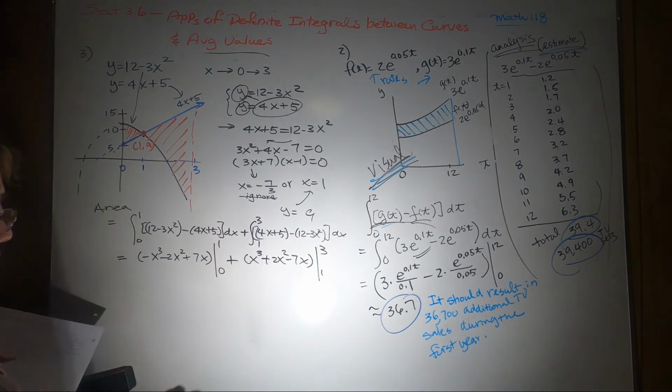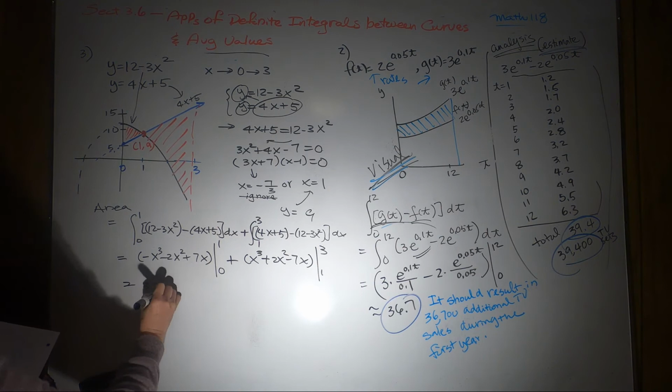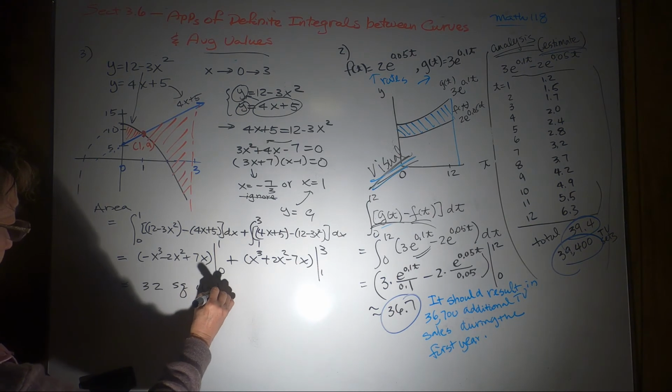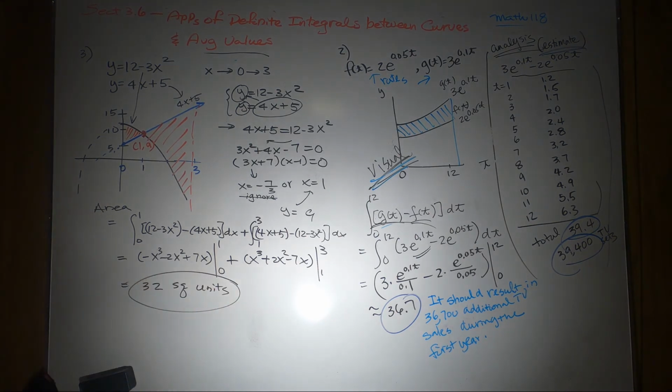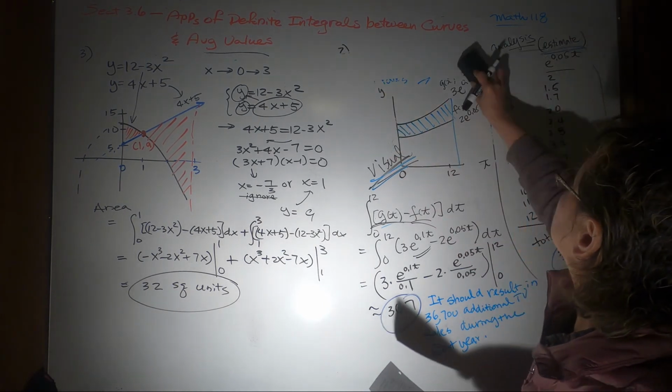From 1 to 3. Then you plug in your values, okay? So that would be 32 square units. So that's how we find the area between the curves. Okay? All right. Let's do one more practice for finding the area between two curves.